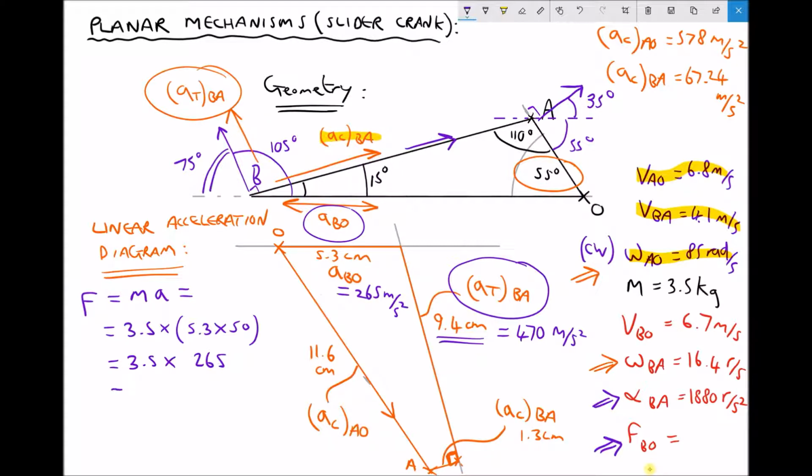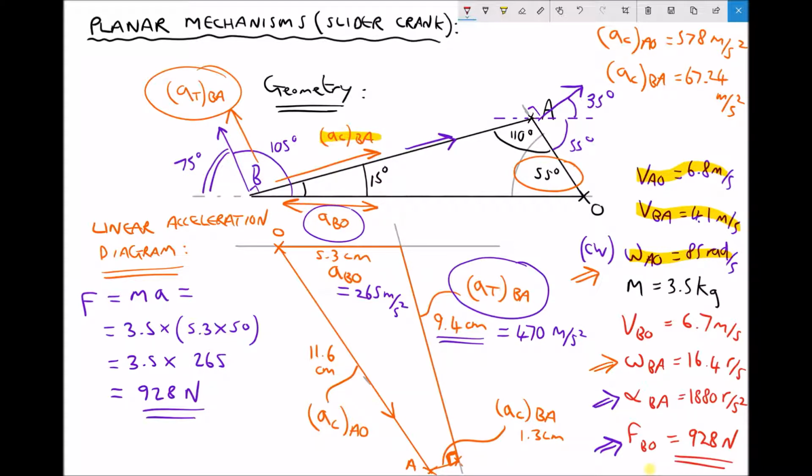Therefore, the inertial force comes out as 928 newtons to the nearest whole number. And that completes our data in the bottom right-hand corner, 928 newtons.